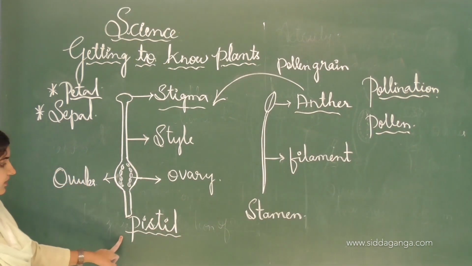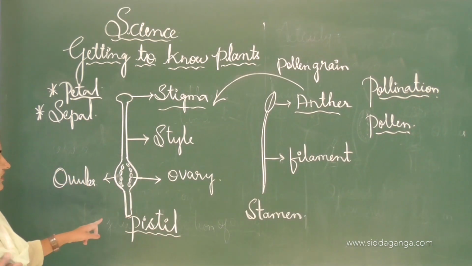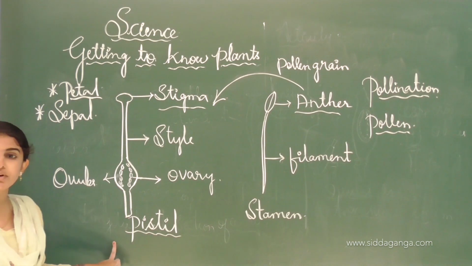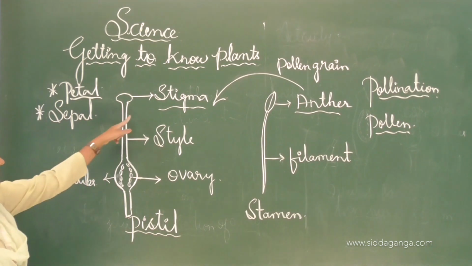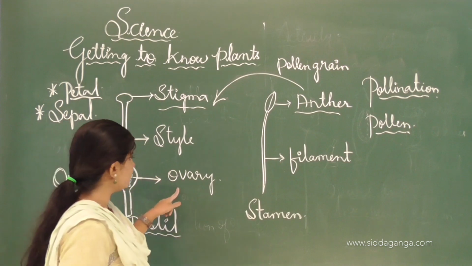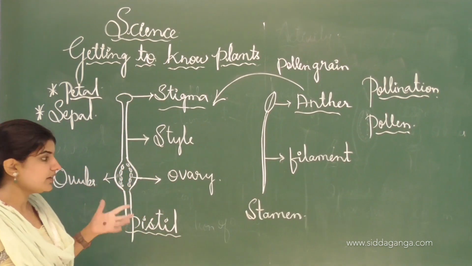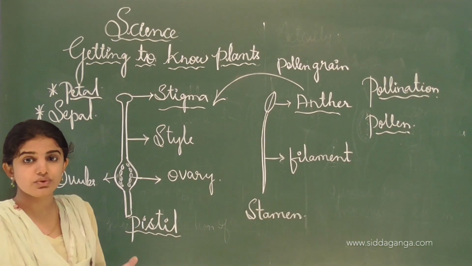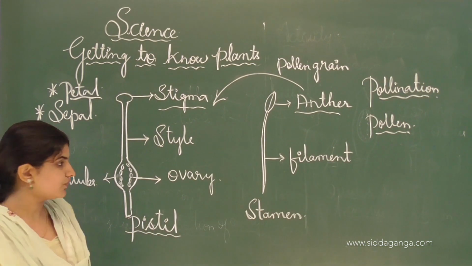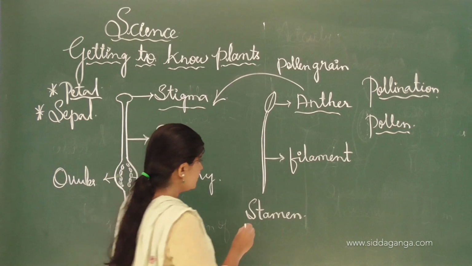And next one is the pistil. Pistil is the female reproductive organ of a flower, which is divided into stigma, style and the ovary. Ovary bears the ovule, and later it will grow to form a seed as well as the fruit. And next one is the stamen.